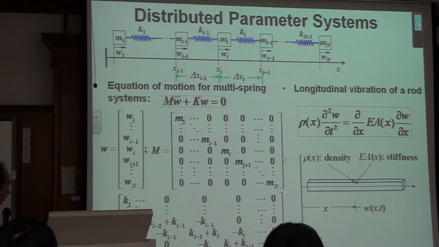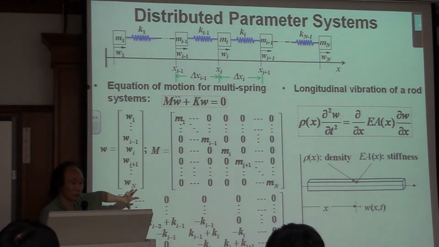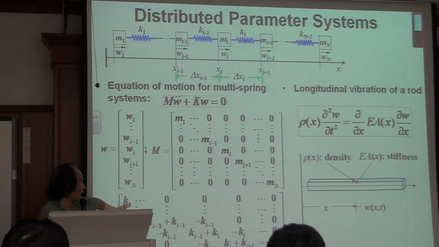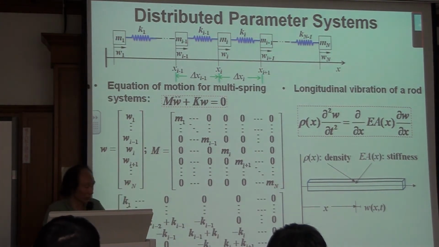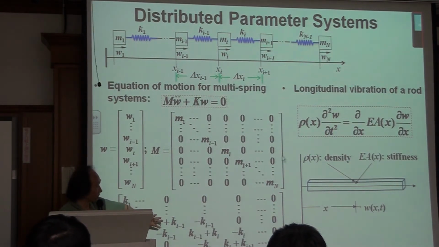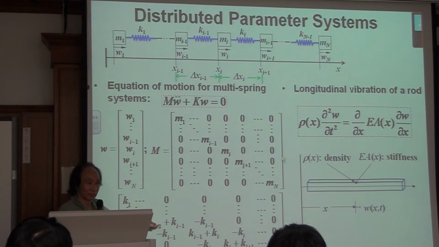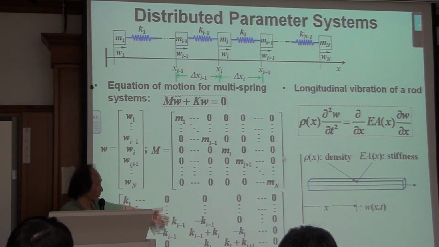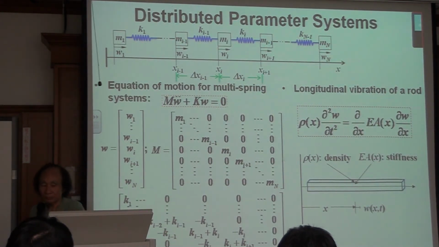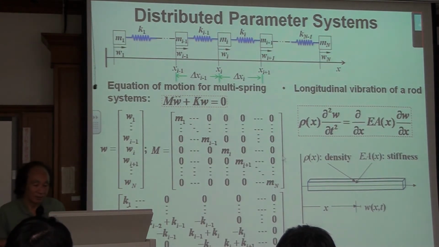But in engineering, if you work for Boeing, you are likely going to write in terms of the matrices, because most engineers have some intuitive feeling for those rather than a PDE. But they represent the same system.